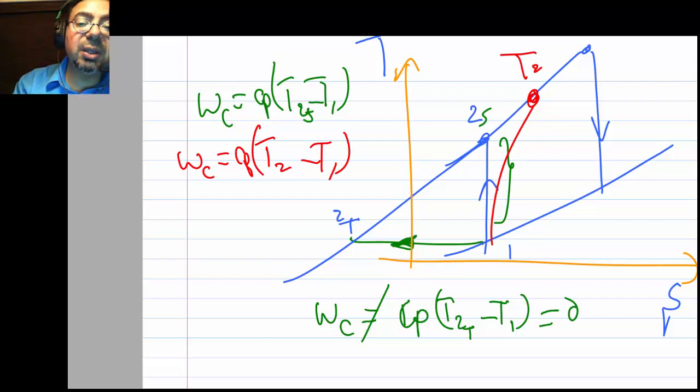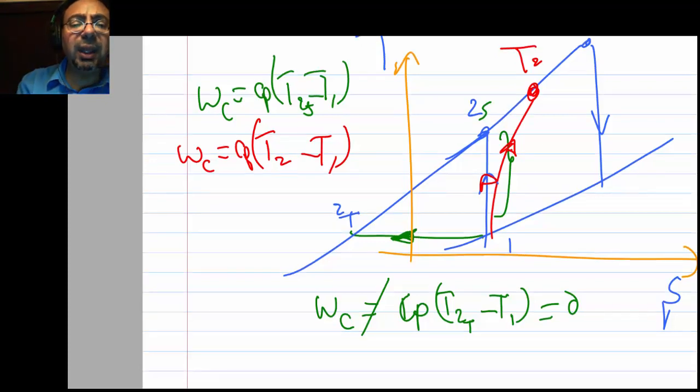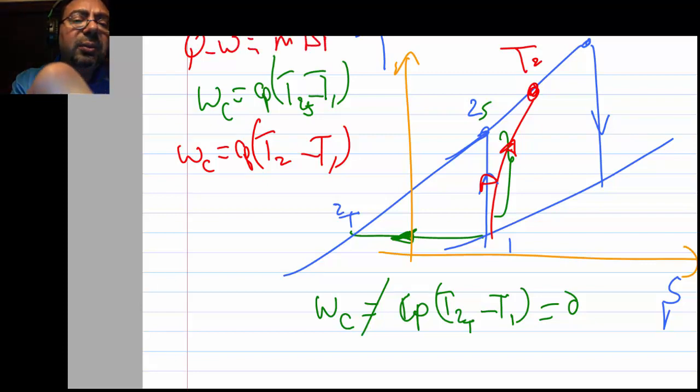Why did we say this? Because this was isentropic and this was adiabatic. In both scenarios there was no heat transfer. So how do we calculate all those expressions? Where does this come from? The work always comes from the one and only Q dot minus W dot equals m dot delta h.